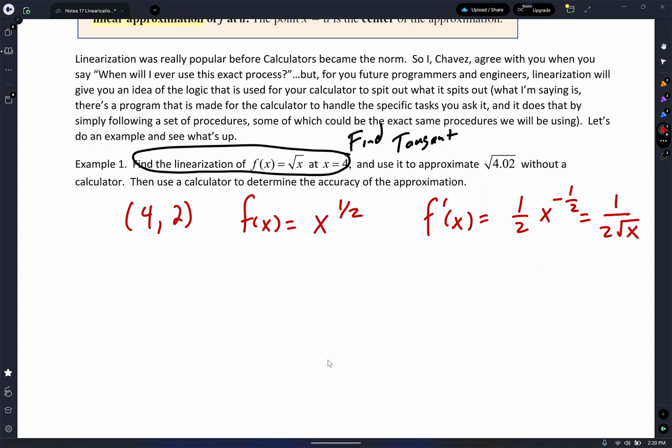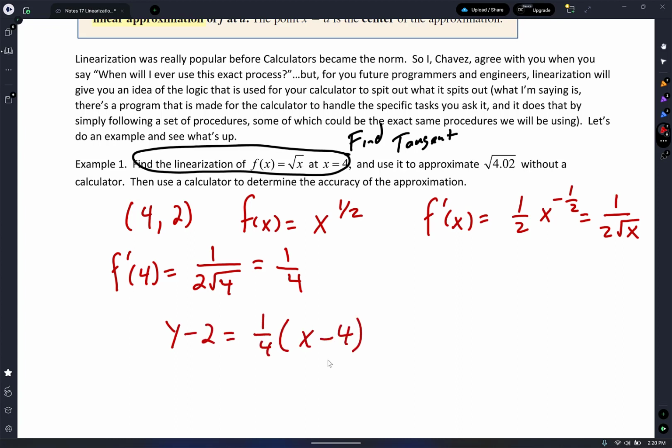Nothing crazy. My slope at 4 is 1 over 2 square root of 4. Square root of 4 is 2, and 2 times 2 is 4, so the slope is 1/4. So then y minus 2 equals 1/4 times (x minus 4).